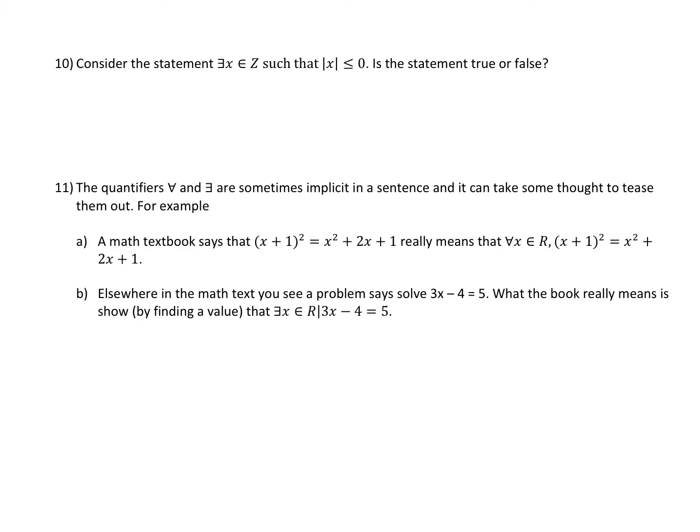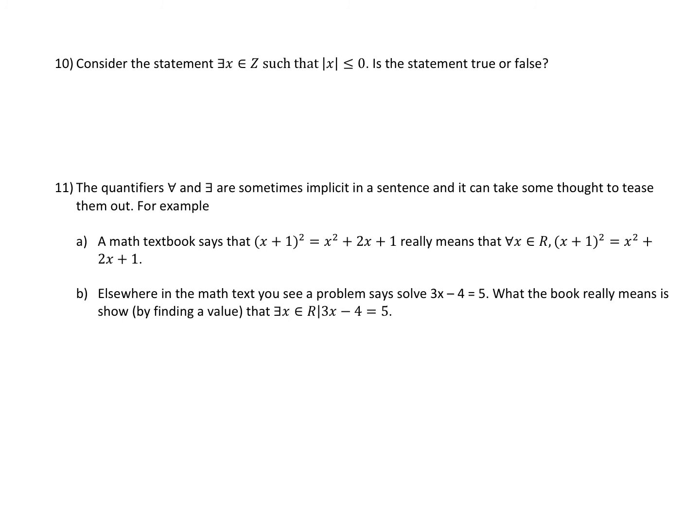Okay, let's look at an example. We're going to consider the statement, there exists an x in Z. So we're looking for there exists an integer. There exists an x in the integers such that the absolute value of x is less than or equal to 0. True or false? Is there an x whose absolute value is less than 0?